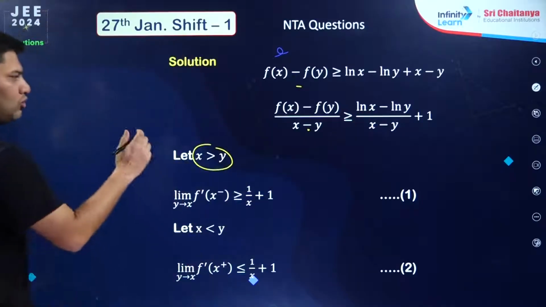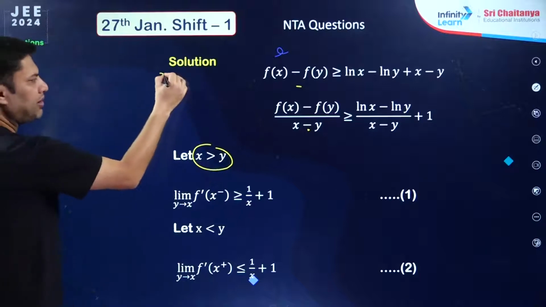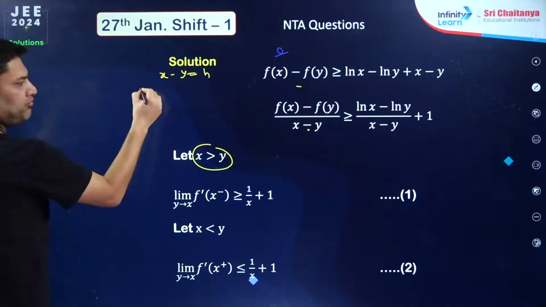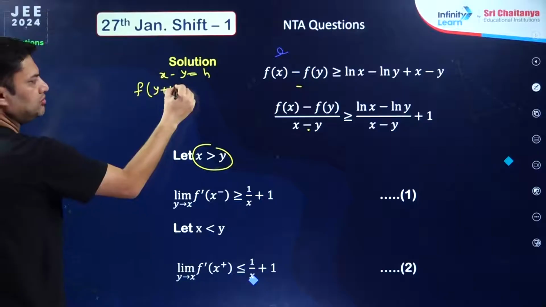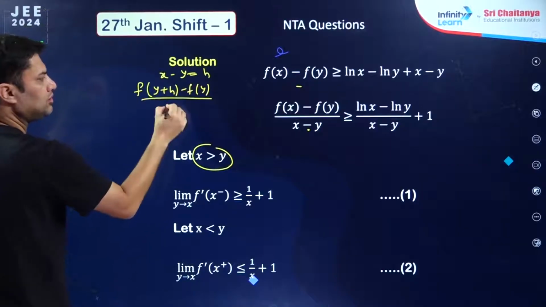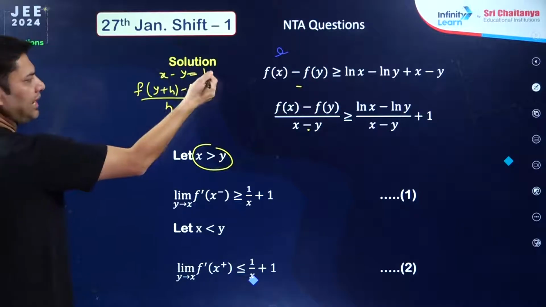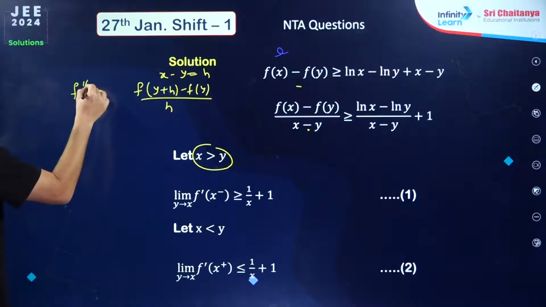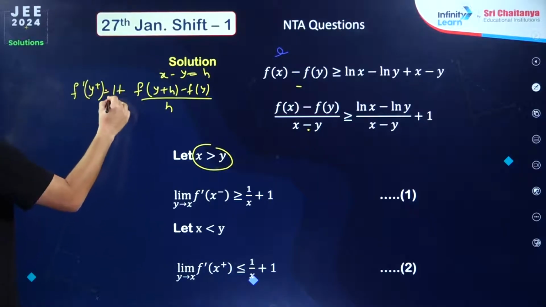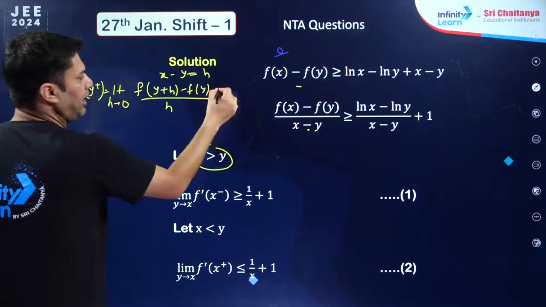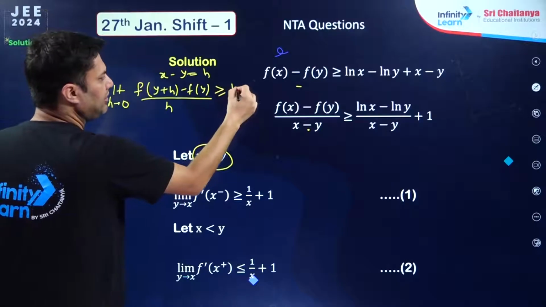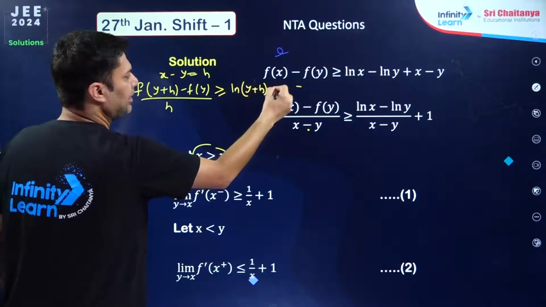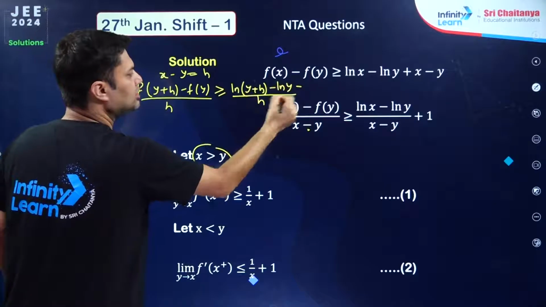Let me tell you how to solve this. If you put x minus y as h, this will form f(y plus h) minus f(y) upon h, where x is greater than y and h is tending to 0. So that is f dash of y, taking the limit as h tends to 0. And this is greater than log of (y plus h) minus log of y upon h, plus 1.